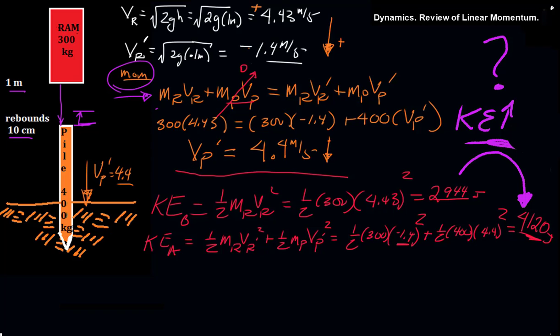And the answer to this is stuck in the ground. So we have a very large impulse coming from the ground, preventing this pile from moving, and as such, that impulse says that we are not conserving our momentum. So we need a different way to solve this type of problem.